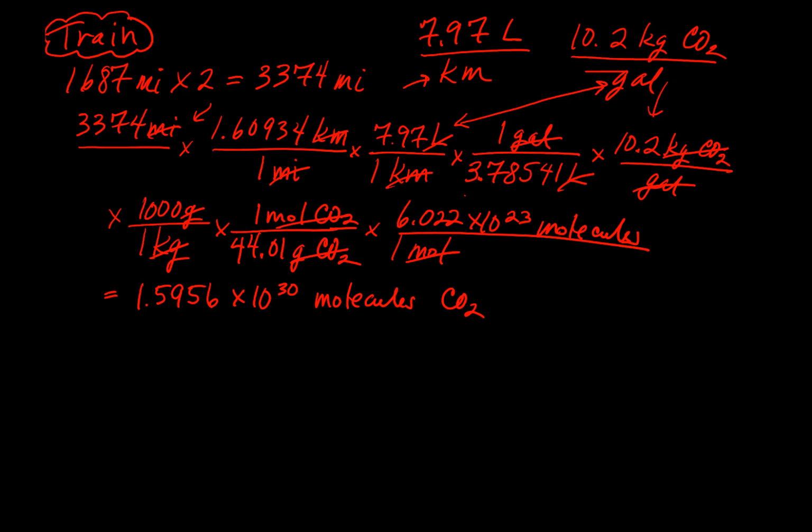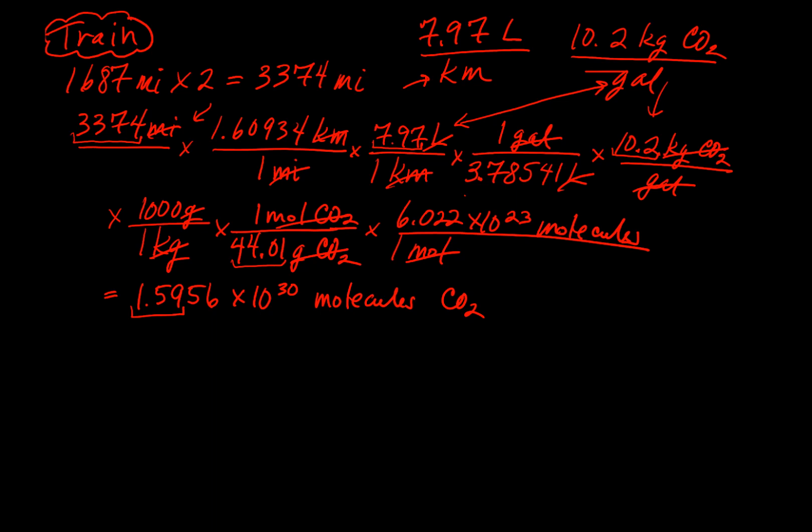The miles have 4 significant figures. The liters have 3. Kilograms of CO2 have 3. And your molar mass has 4. So you're actually going to have 3 significant figures here. So we've got that number.